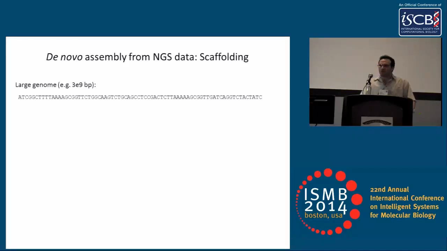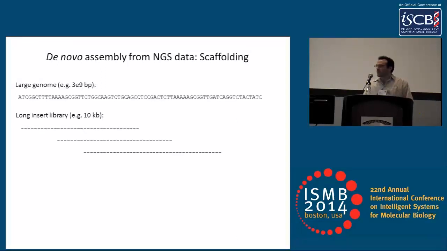Okay, so usually this is followed by something called scaffolding. So again, you start with this genome. Now you break it into larger pieces where you approximately know their size, and usually the largest size would be something on this scale, let's say 10 kb, it might be 20 kb or 40 kb, something like that.